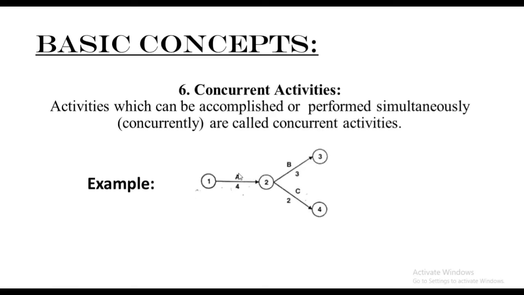After the completion of activity A, there are two activities being performed simultaneously, activity B and activity C. This is nothing but concurrent activity. Activities B and C are concurrent activities. It means from one single activity, two or more activities can be performed simultaneously.